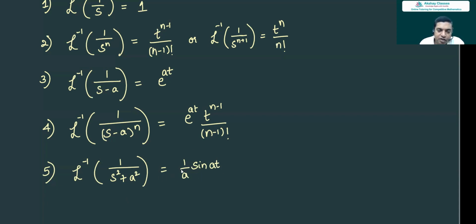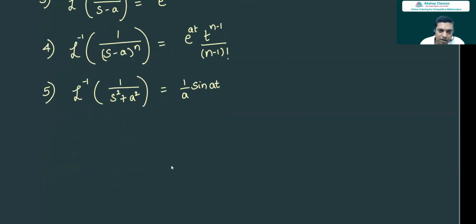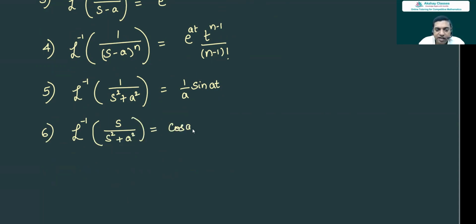The Laplace transform of the right hand side will give us 1 upon s square plus a square. Therefore, the inverse Laplace transform of 1 by s square plus a square is 1 by a sine at. Similarly, the Laplace inverse of s by s square plus a square is cos at.